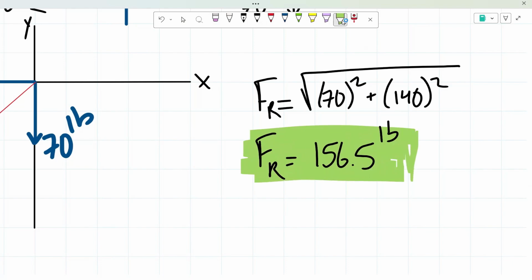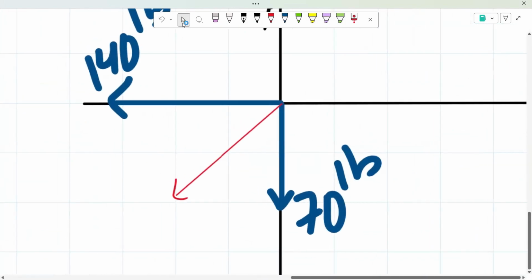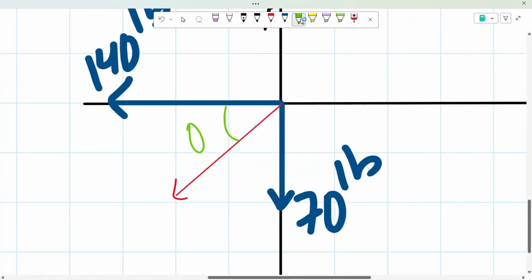But now remember, when we deal with resultant forces, we also have to find the direction of our resultant force. So to find our direction, we're going to be finding our angle right here. We're going to call that theta. So our resultant force is right here.